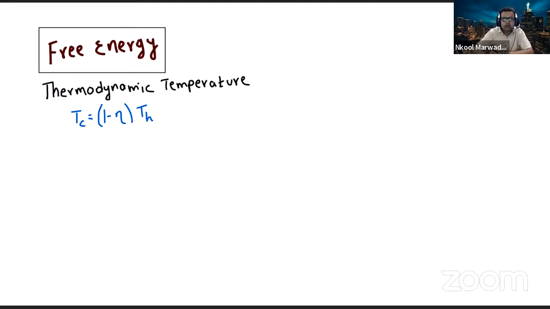And this we call the thermodynamic temperature scale. So this formula which we have written is basically the thermodynamic temperature scale.